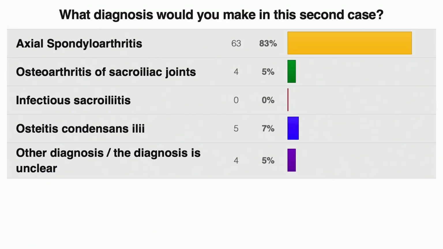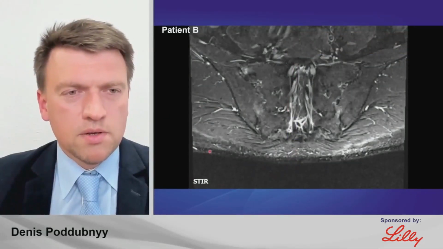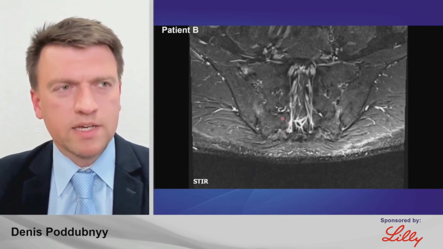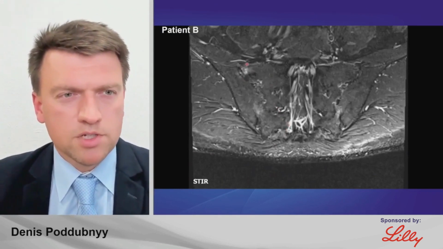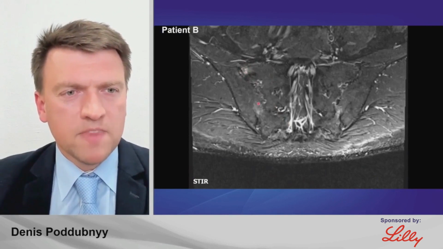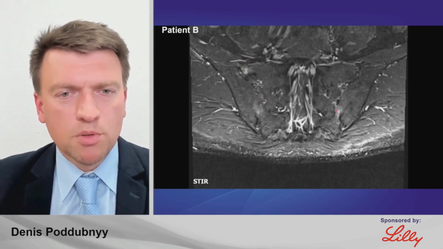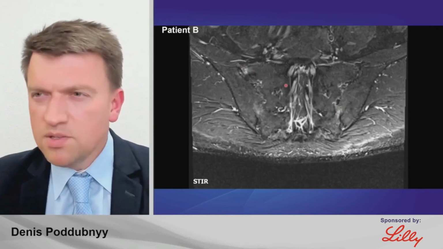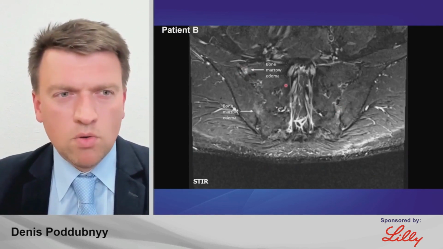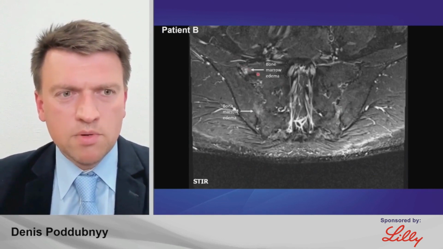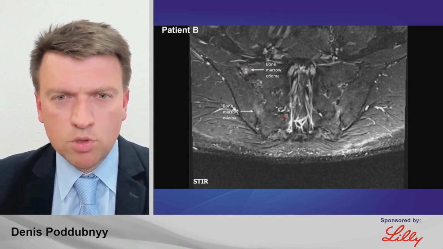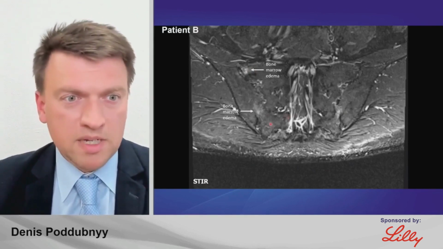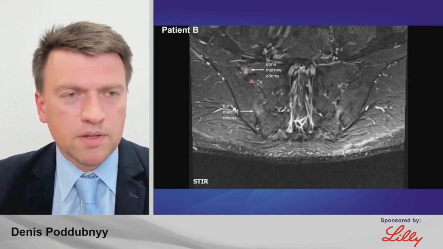So in this case, we see on the STIR image a little bit of bone marrow edema. We are here in the rather posterior part of the joint, so we see here a little bit of bone marrow edema, a little bit here, and close to the capsule. I need to say that all these areas affected by bone marrow edema right now might also be a manifestation of mechanical stress, in an enthesial part of the joint and the capsule.